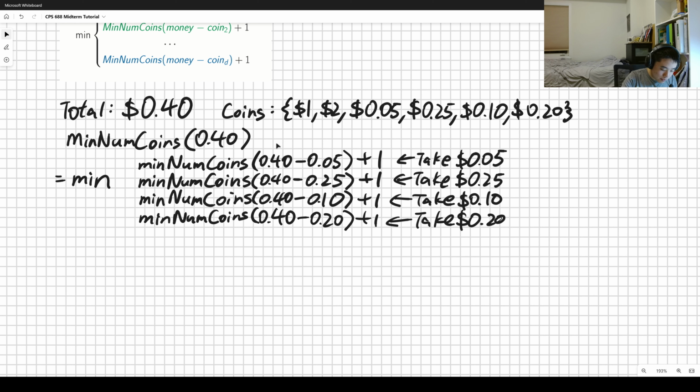All right, so we're gonna take the minimum between these four things, and we're gonna do it recursively.